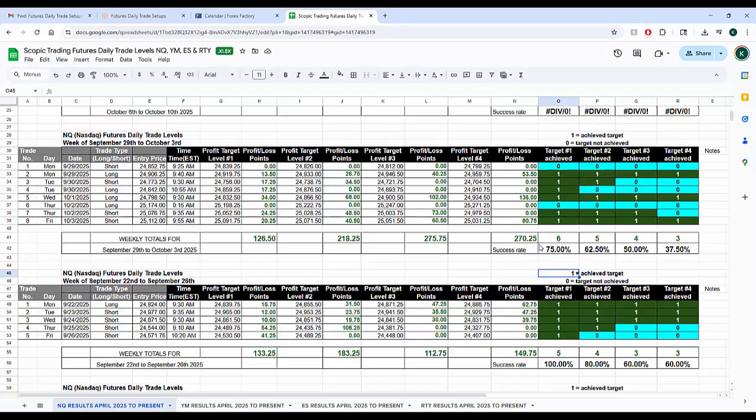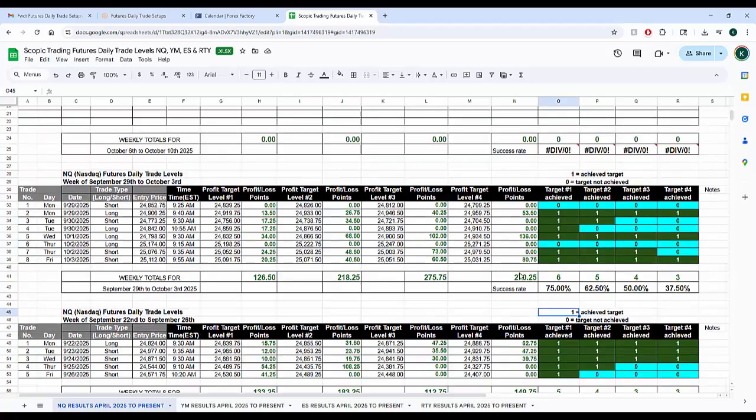However, you can see that the points made are sometimes double or more on the fourth target than on the first target. Why? Because there's a bigger target, then the accuracy is not as great, but the points make up for that if you can manage your trades that well.